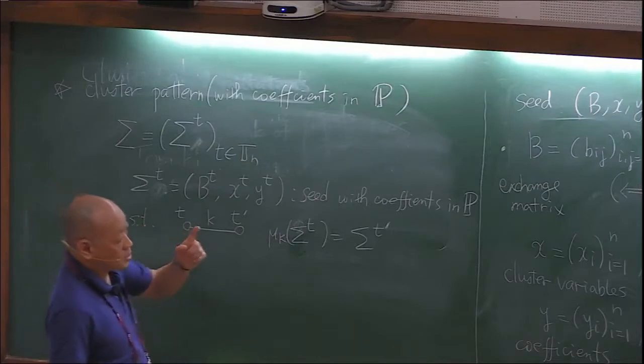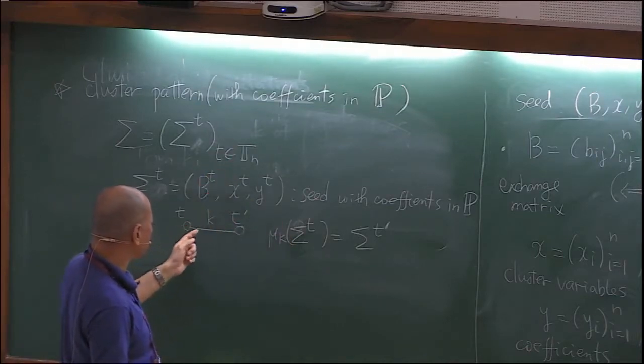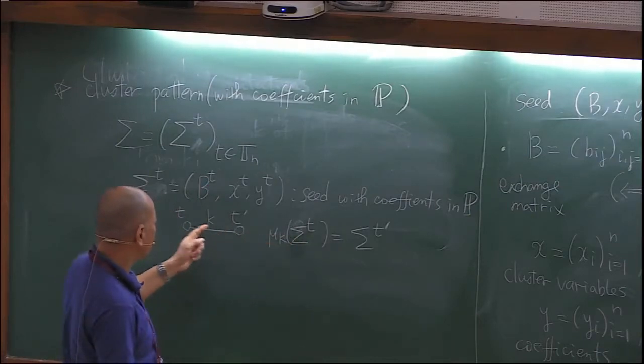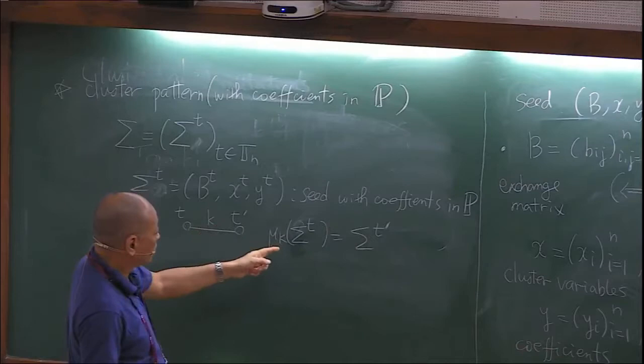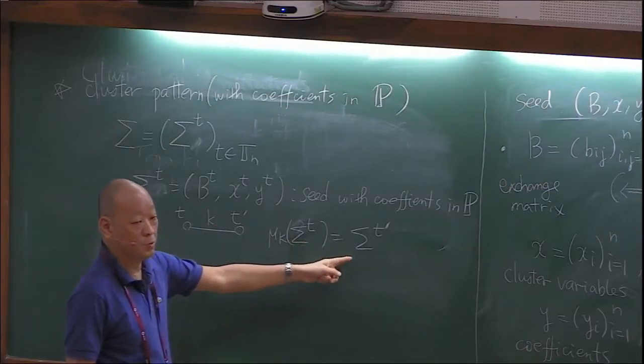It means for each vertex of the tree graph, you attach a seed in such a way that these two seeds are connected by the mutation. Because of the involution property, this one-sided definition is well defined.